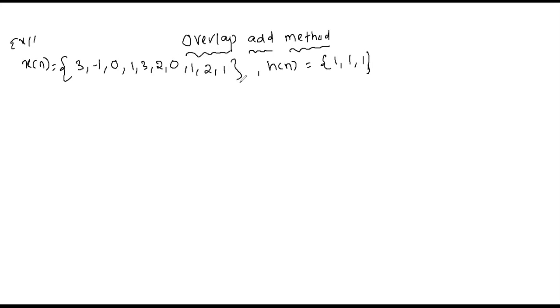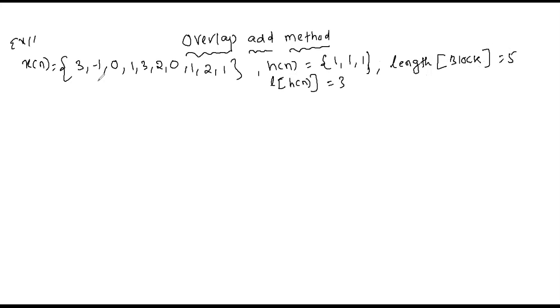First, we have to divide the sequence into a number of blocks. Let the length of each block equal 5. Always choose the block length greater than the length of the impulse response. The length of the impulse response h of n is 3.